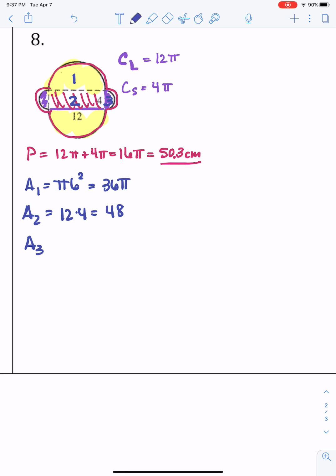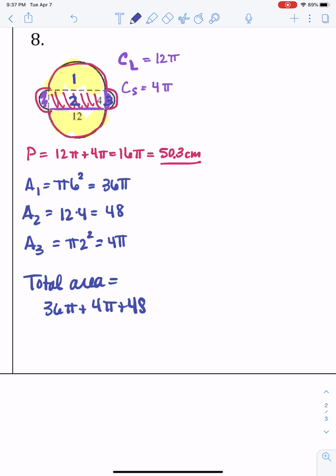And area 3, which is the small circle, is pi 2 squared, which is 4 pi. So the total area equals 36 pi plus 4 pi plus 48. Use the calculator with the pi button, and we get 173.7 centimeters squared for our total area. It's just about breaking it into pieces.